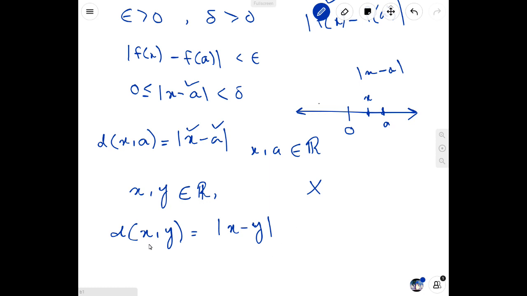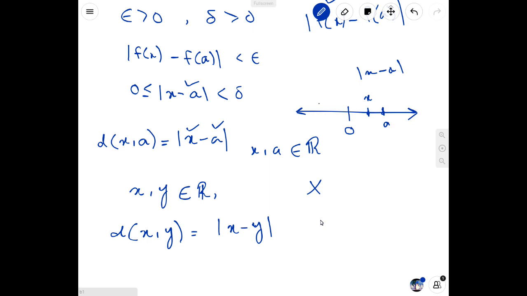Similarly, the distance function when we are in calculus is defined on real line. But the distance function when we come in functional analysis is defined on the space X. And the distance function in the functional analysis satisfies only a few of the most fundamental properties of the distance.